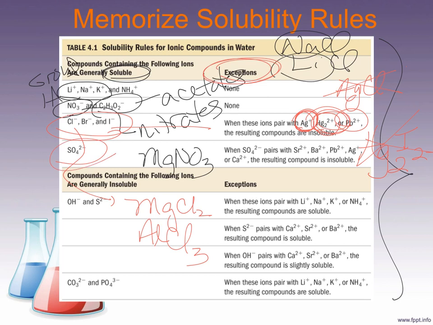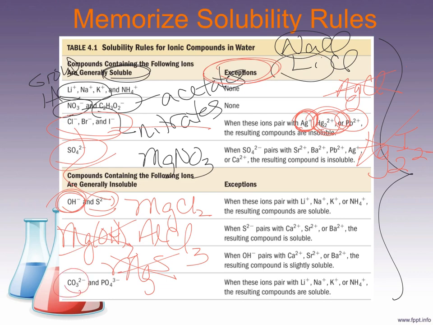Now, you can make some summaries about the ionic compounds that are not soluble. If an ionic compound has OH, it is typically not soluble. So magnesium hydroxide, for example, is not soluble. Same thing with sulfide. Magnesium sulfide is not soluble. Carbonates and phosphates are also not soluble. There are some exceptions. The exceptions over on the right-hand side at the bottom make it soluble.